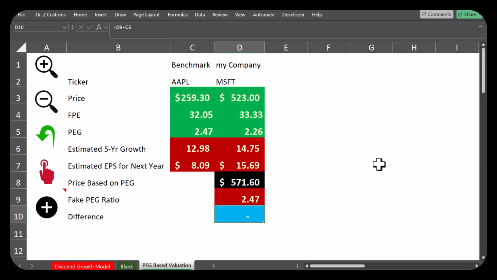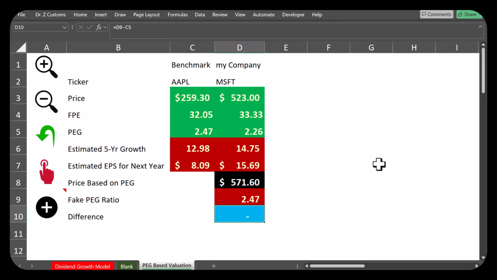So which one would you buy? Apple or Microsoft? Microsoft is 523 right now, but we're saying it should be 574. So you should buy which one? Microsoft. Okay.